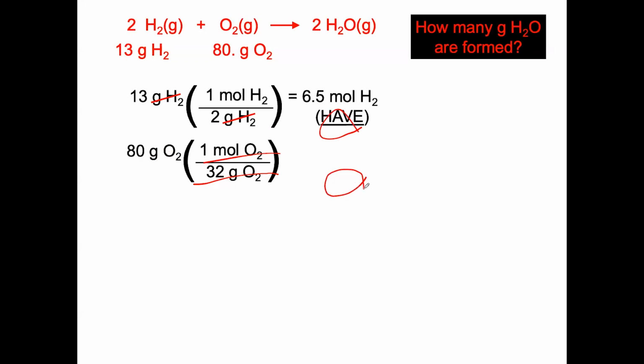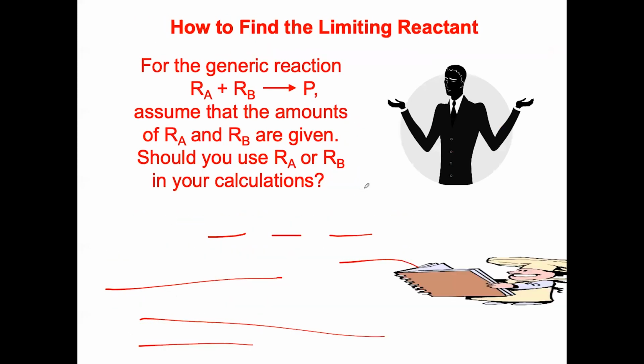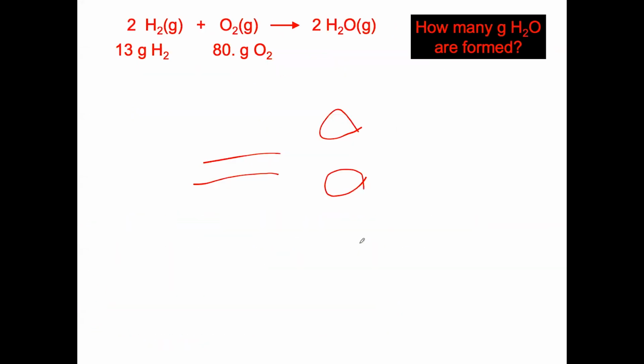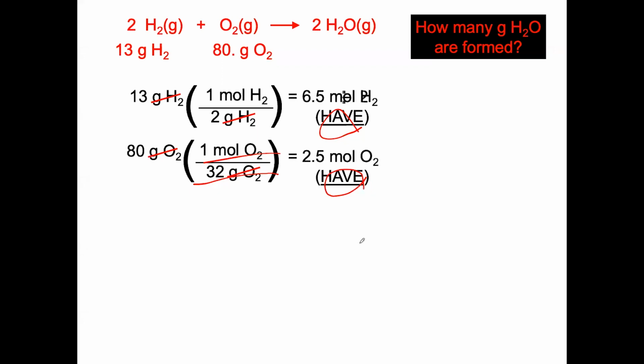After we do that, what did the previous slide say? You have to divide by the respective coefficient, correct? So we divide the hydrogen by 2 because there's a 2 here, and we divide the oxygen by 1 because there's a 1 here. You get 3.25 here and 2.5 here.